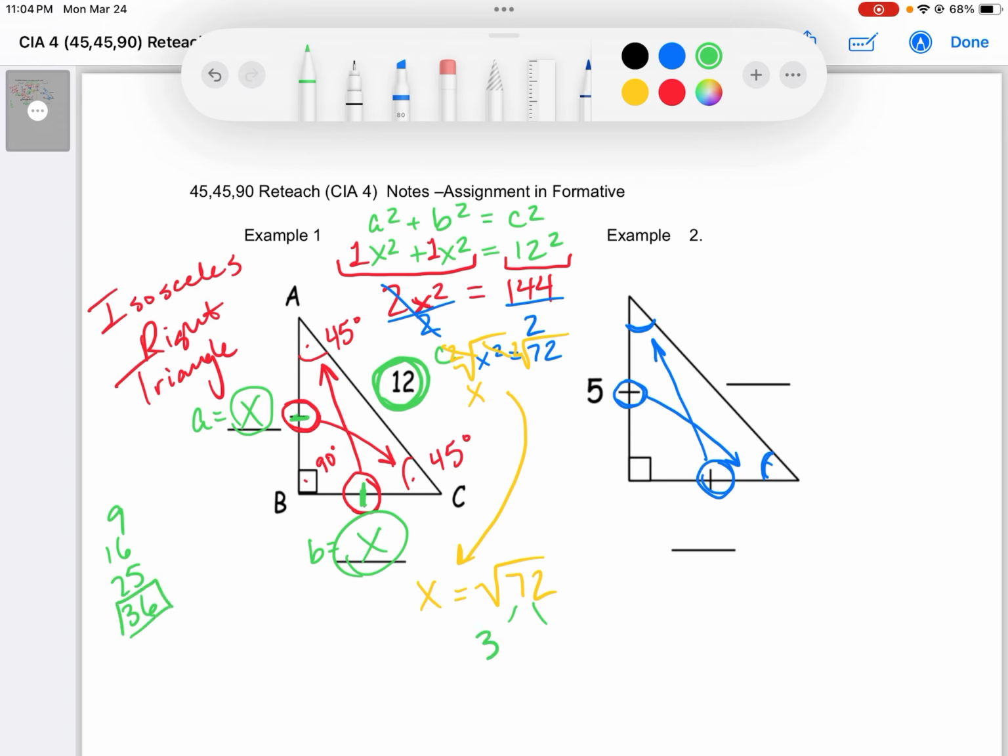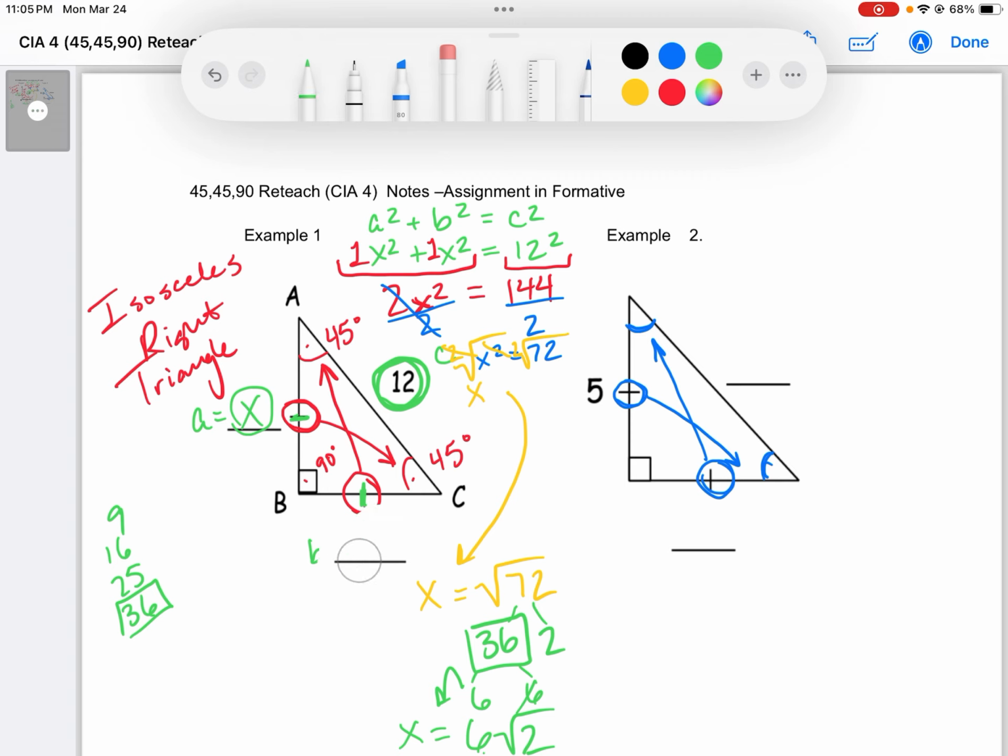And you would want to try to pick the largest one. 36 goes into 72 2 times. That's a perfect square. It breaks down into 6 and 6. I can cross one out and kick one out. Sorry, I wrote that incorrectly. x equals 6 square root of 2.